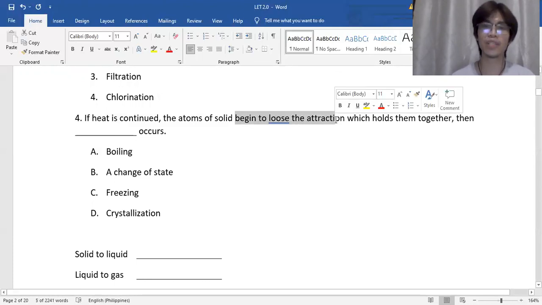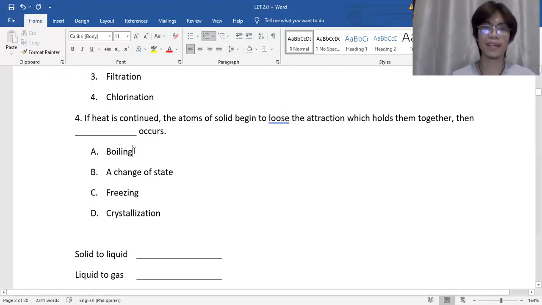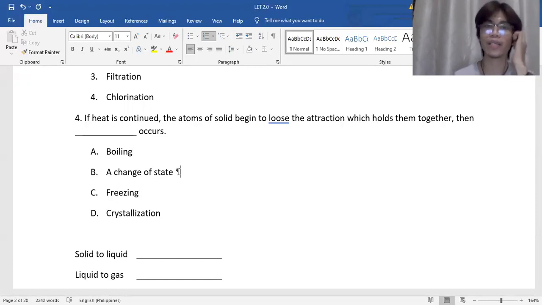Boiling is a change from liquid to gas, freezing is not correct, and C or D are not correct. So which one is correct? That is a change of state.